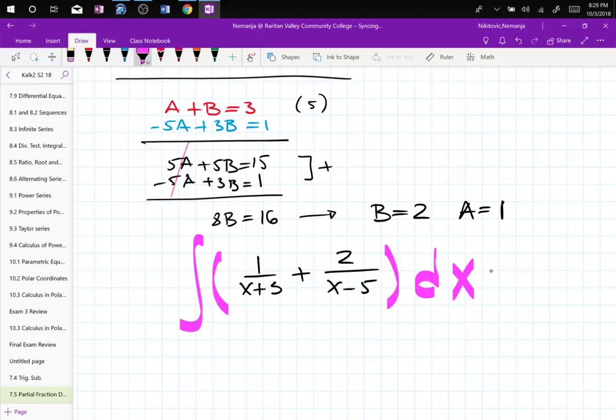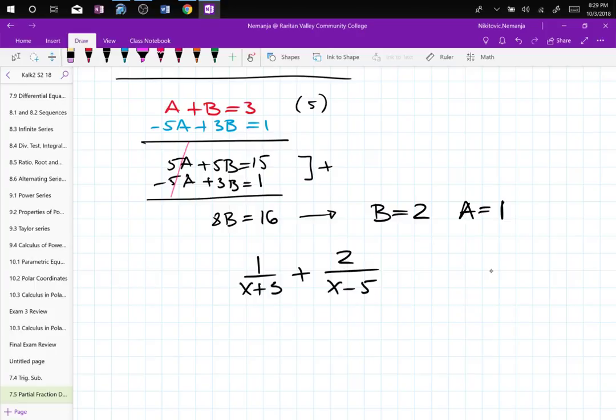Without thinking, it's ln absolute value of x plus 3 plus 2 ln absolute value of x minus 5 plus c. So again, it's a method that is going to make the problem possible to be solved. So we will focus on integration later. Today is mostly about setting these up and then calculating A and B.